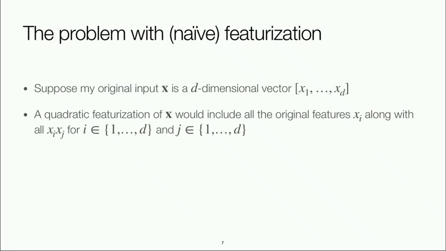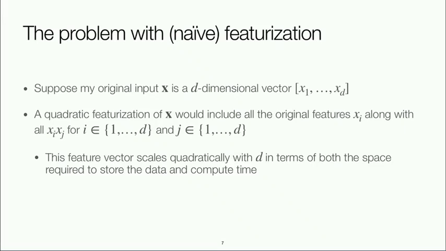A quadratic featurization of x includes all of the original features, x1, x2 all the way up to xd, along with all of these pairs, xi xj. So that's like d squared of those, and maybe a 1 if I choose to include it. This feature vector scales quadratically with d.